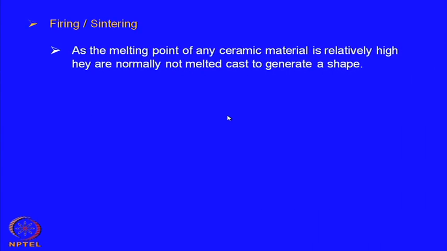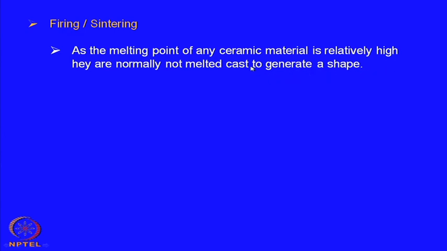Finally, the third stage is basically firing or sintering. That is the final or pre-final stage, you can say. As the melting points of ceramic materials are relatively high, they are normally not melted and cast to generate a shape.